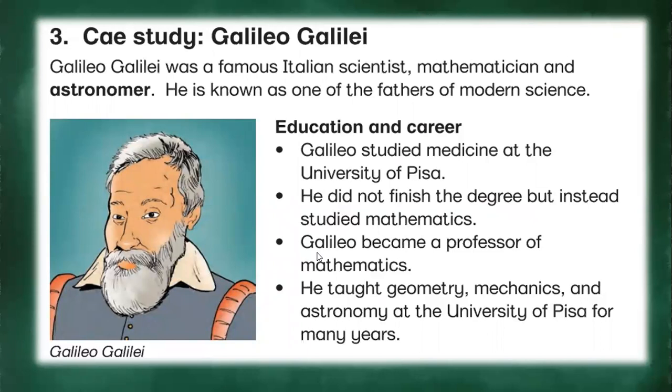So thank you, Talia. Here they are telling us about who Galileo was. He was an educator, a teacher. He was a famous Italian scientist, mathematician, and astronomer. So he was good in science, math, and astronomy. He is educated, of course. He went to the University of Pisa to study medicine, but he didn't finish.